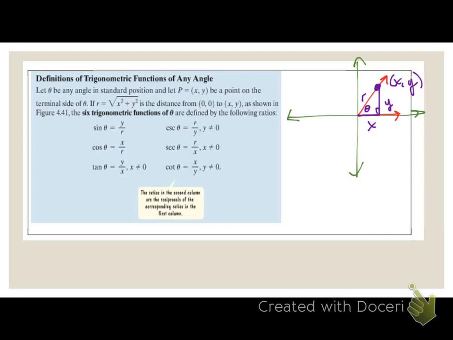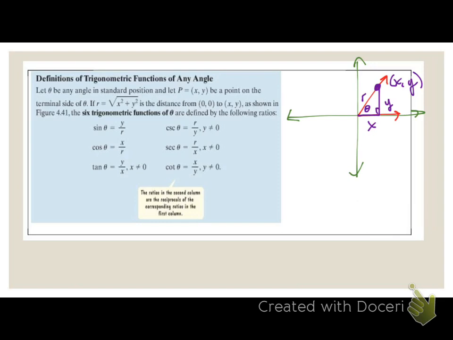Now, that means that if we want to go through sine, cosine, and tangent, you can see how that ratio actually shakes out here. Sine is opposite over hypotenuse, so y over r. Cosine is adjacent over hypotenuse, so x over r. Tangent still y over x. Okay? And then, of course, cosecant, secant, and cotangent are just reciprocals of that.